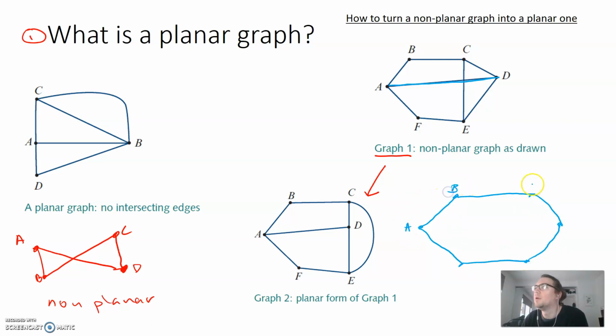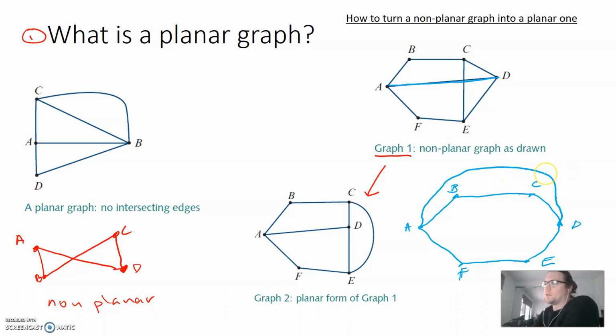A, B, C, D, E and F. What I've done is remove the A to D edge because it was causing my graph to be non-planar. Now I'll just reconnect it like that, and all of a sudden that graph is a planar graph.